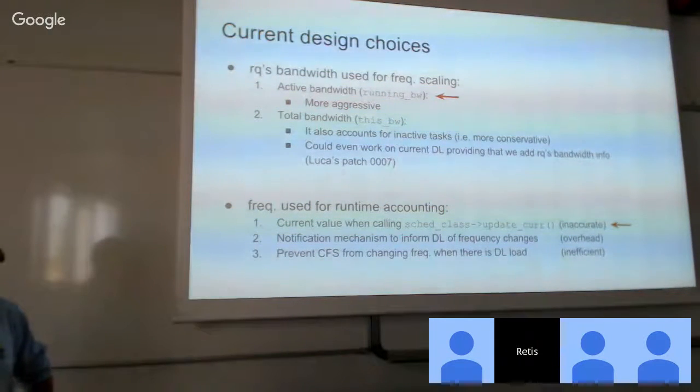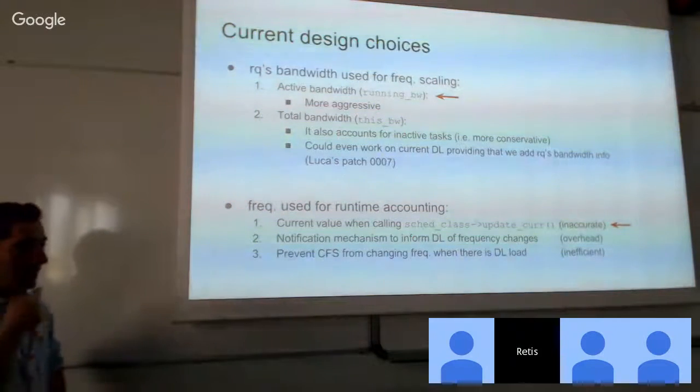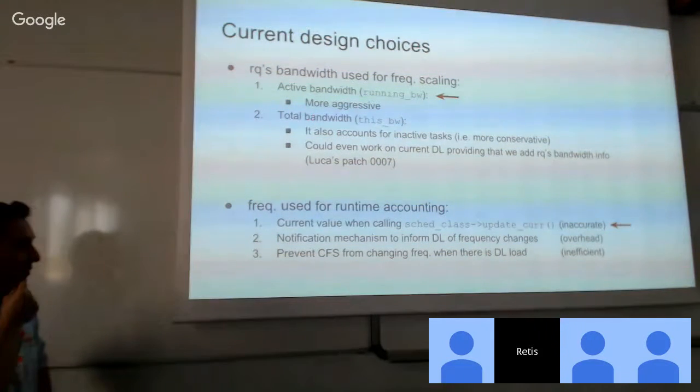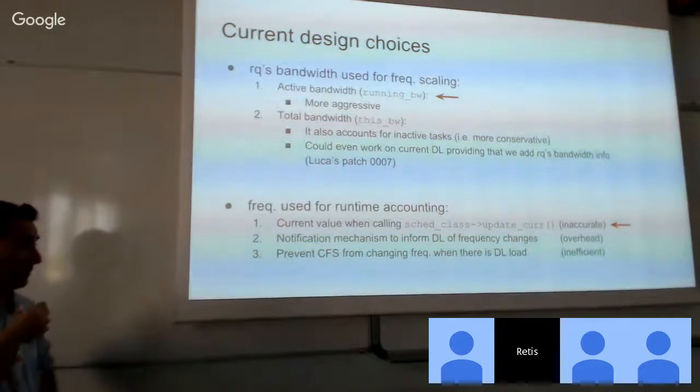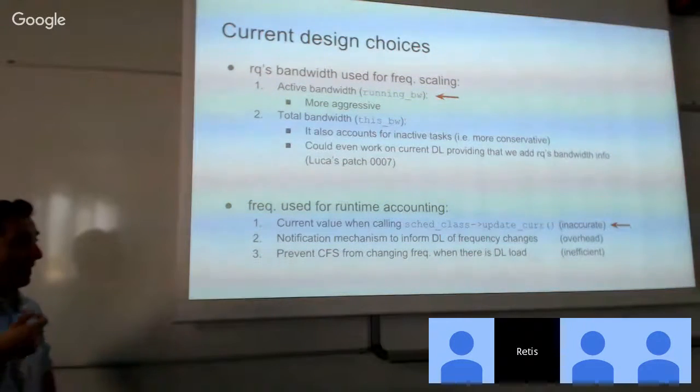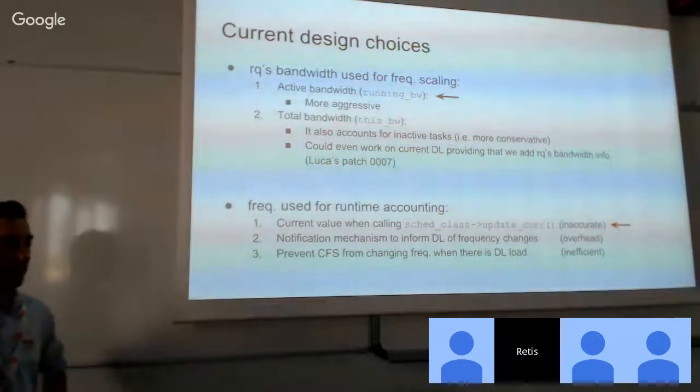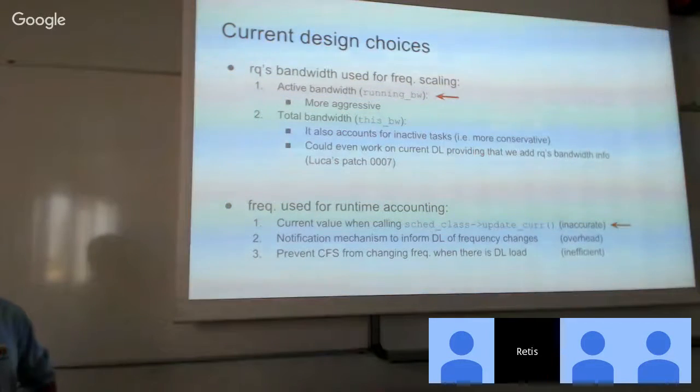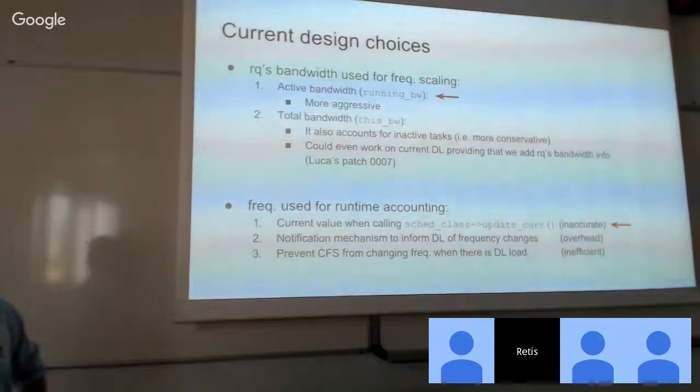So you should use the exact CPU frequency that you have set on the CPU, and so you should be informed of each change of the CPU frequency that happens in the system.